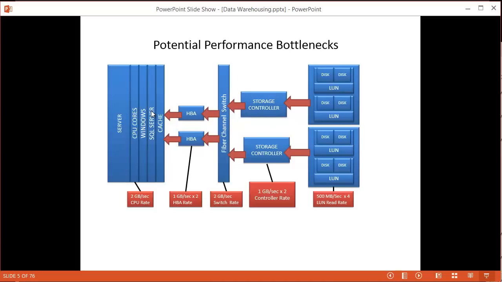So making sure that whole process is optimized and is consistent becomes the secret to having a good performing data warehouse.